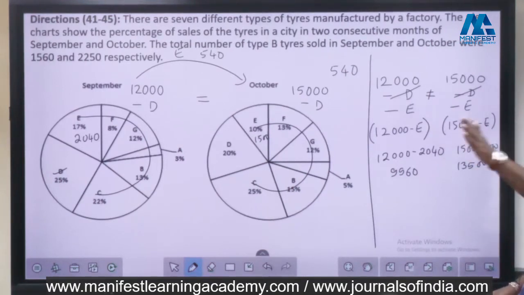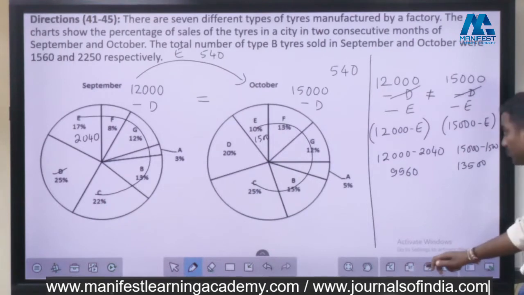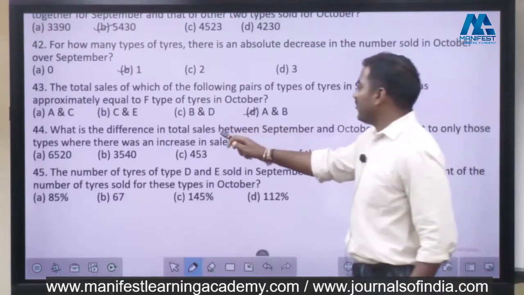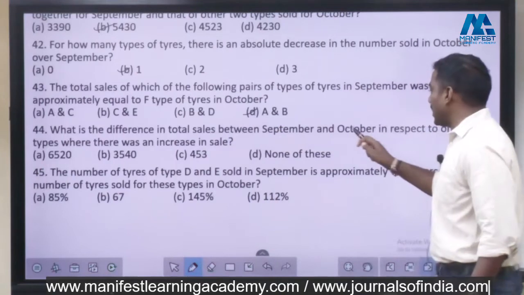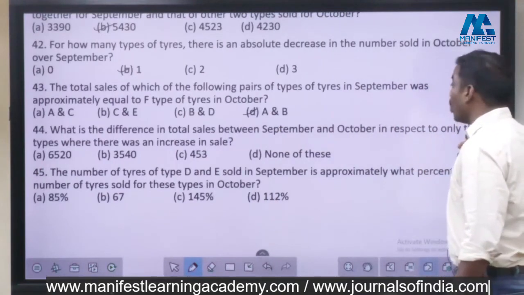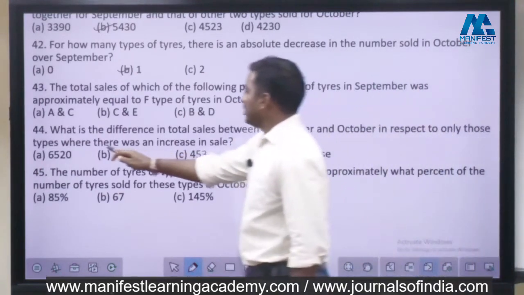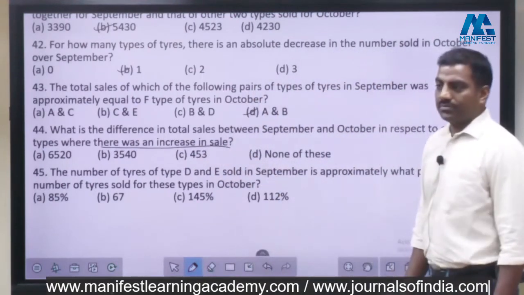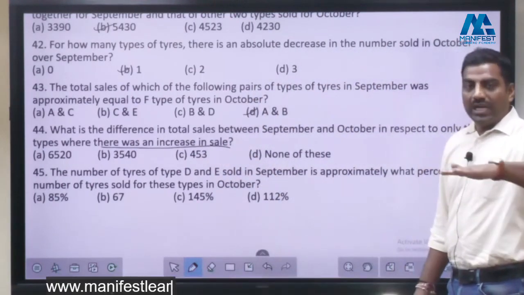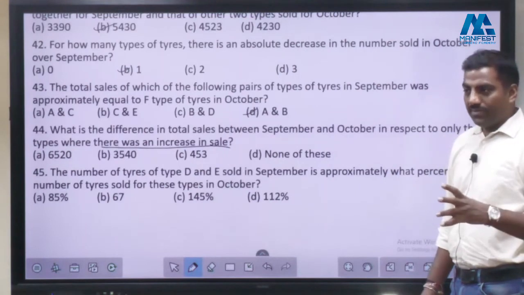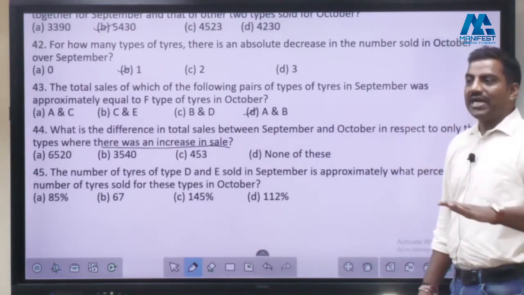See here what we are doing. We are leaving out D because the production was equal or sales was equal. We are leaving out E because there was a fall in E. We left both of them. That is what they are asking. What is the difference in total sales between September and October in respect to only those types where there was an increase? D equal, discard it. E fall, discard it.